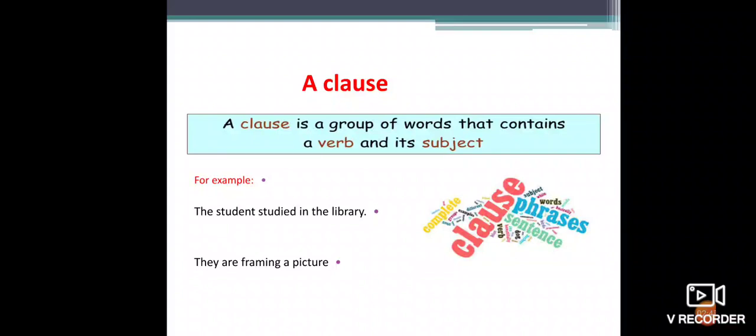Pay attention please. We have two types of clauses, a main clause and a dependent clause. By a main clause, I mean the clause that can stand by its own, while a dependent clause needs the main clause to complete the meaning of it.